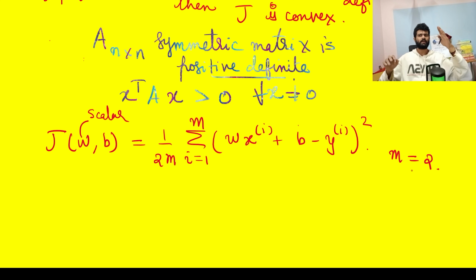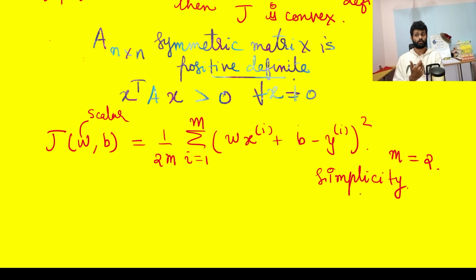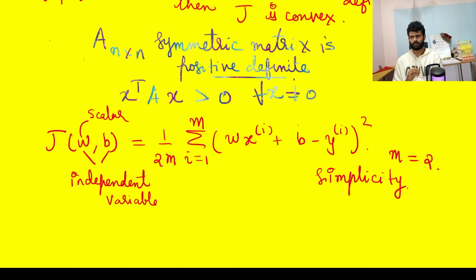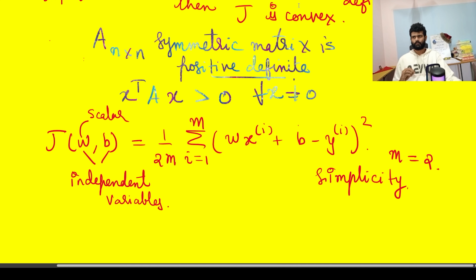I'm specifying that m is 2 just for simplicity. Also, why m equal to 2? Because you have 2 independent variables, so 2 is enough.